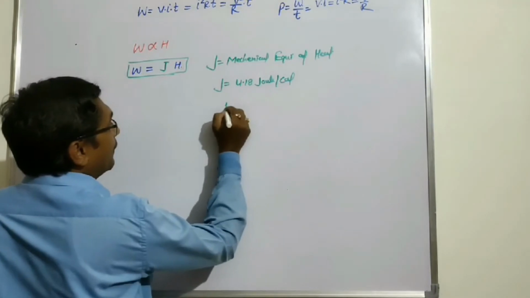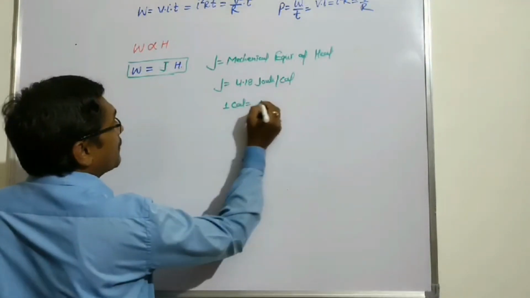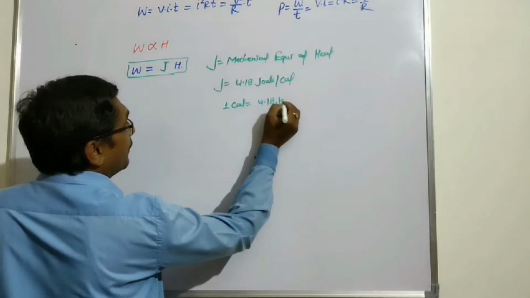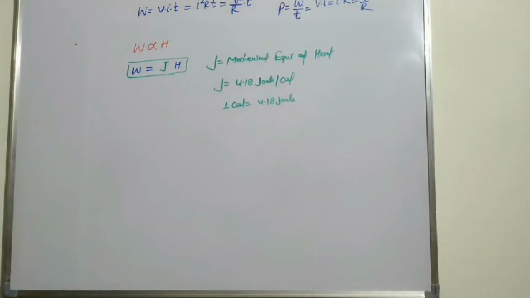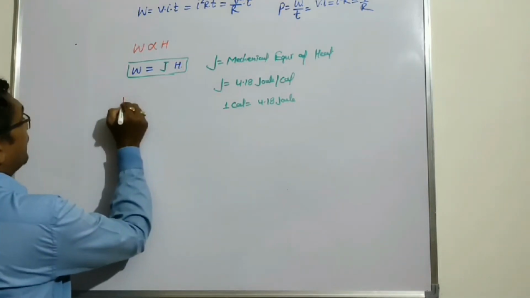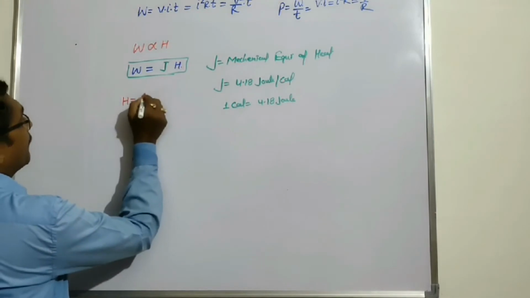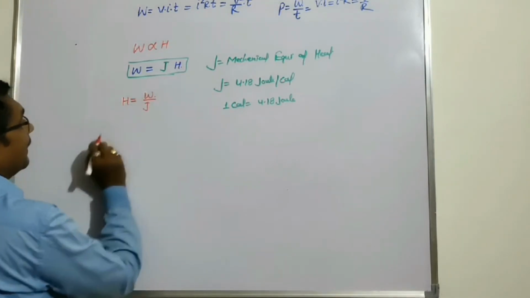In other words, 1 calorie equals 4.18 joule. So work done is converted into heat. We can use the formula H, heat, equals W upon J.